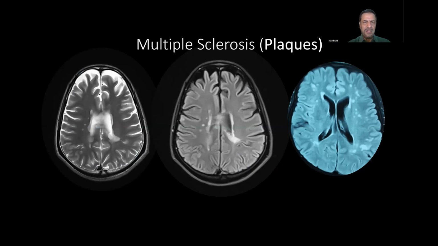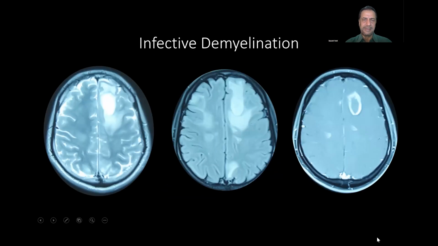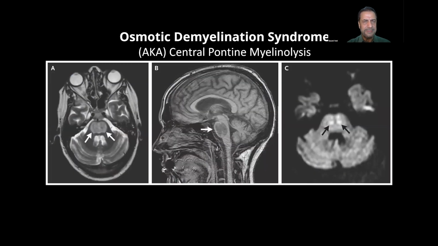And multiple sclerosis is a demyelinating disease where there are plaques, which are areas of demyelination, and will look like this. And if you have an infective demyelination, like long-term infection or HIV, then you can see infective demyelination like this.